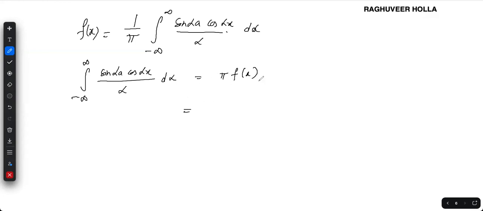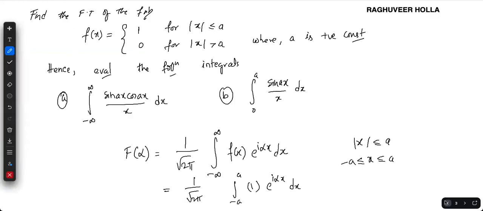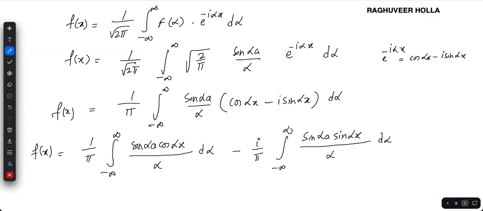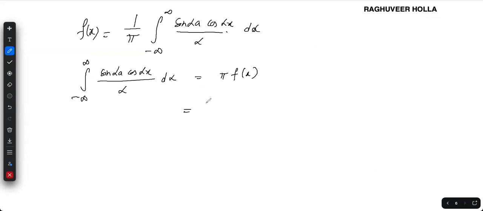Now f of x we have seen in the problem itself: f of x is 1 and 0, so this will be pi for mod x less than or equal to a, and 0 for mod x greater than a.